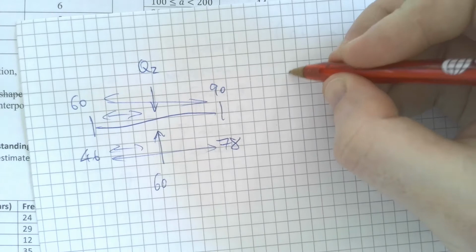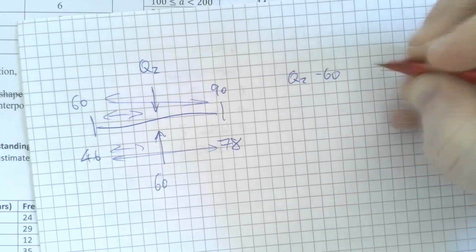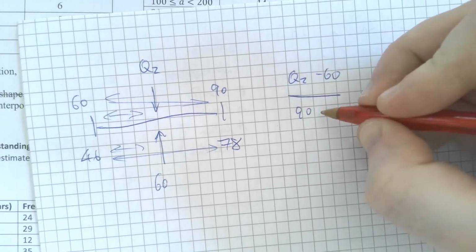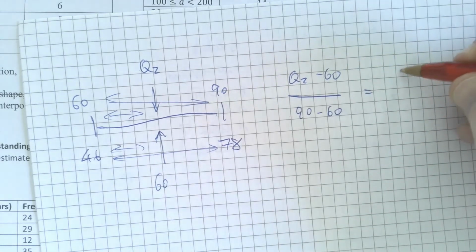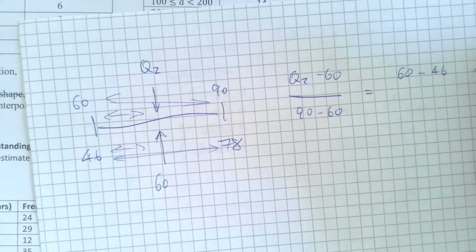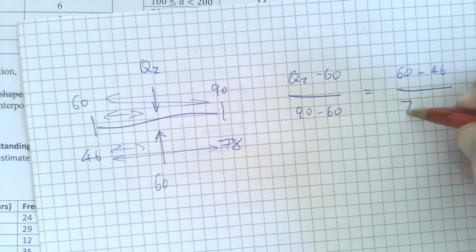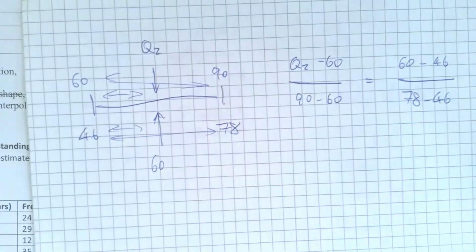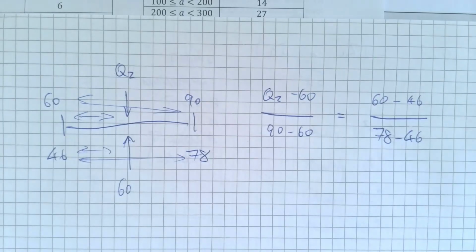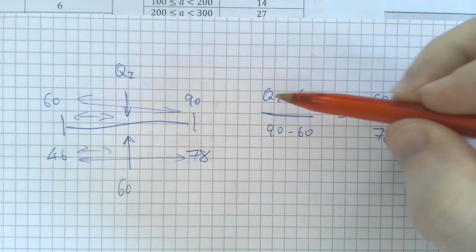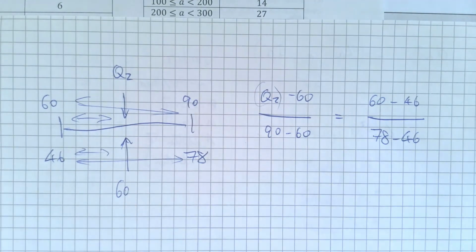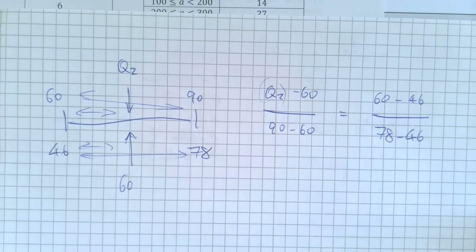In other words, Q2 minus 60 over 90 minus 60 equals 60 minus 46 over 78 minus 46. Oh yes, it's all coming together. Because what we have here is a pair of fractions. We can simplify numerators and denominators, and we can solve for the thing that we don't know, in this case, Q2. Just think of Q2 as an algebraic term.